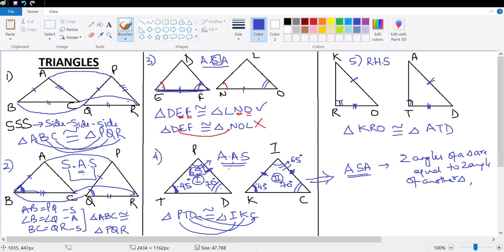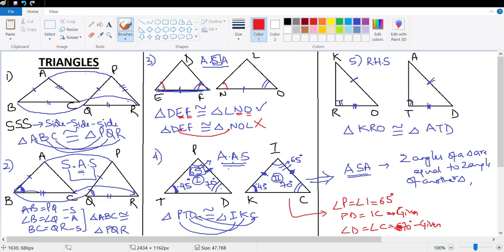Similarly, we will calculate that this angle is 65 degree. Now, in case I make this angle 65 degree, let's try and prove the congruence using another method. So let's look at this. Angle P will be equal to angle I. Why? We just calculated it's 65 degree. We know that PD and IC are equal. This is given, and we know angle D is equal to angle C is equal to 70 degree, which is given.